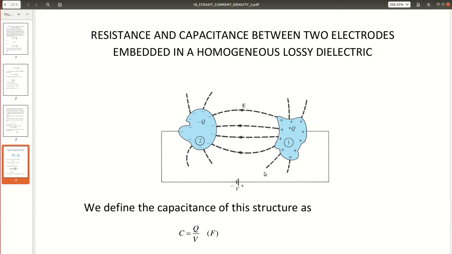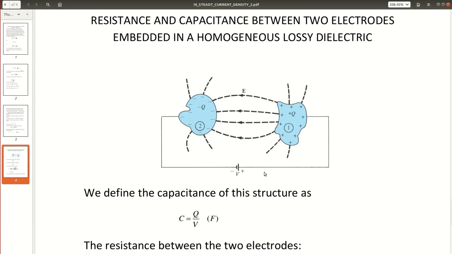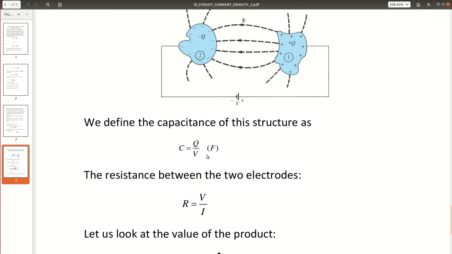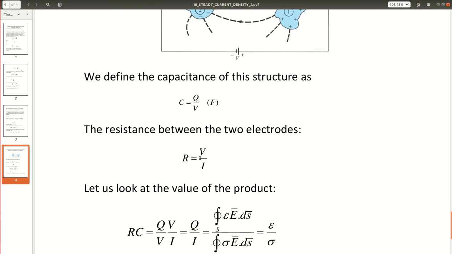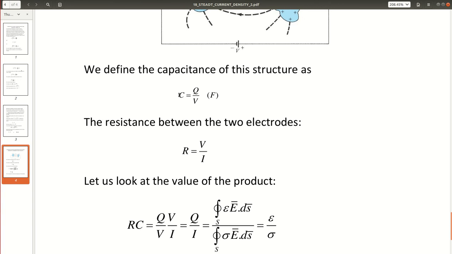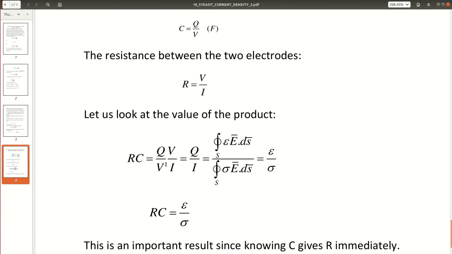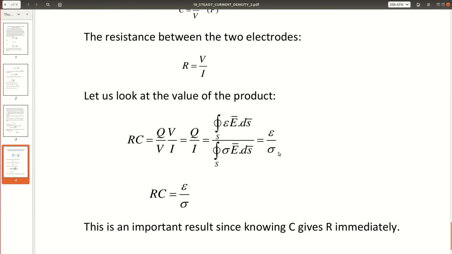Here C is equal to Q over V, as we know, in farads, and the resistance is V over I. If you multiply both, RC is equal to Q over I, since the V cancels. Putting in the integration over the surface, epsilon E over the integration over the surface rho E, the E cancels, and what is left is epsilon over rho.